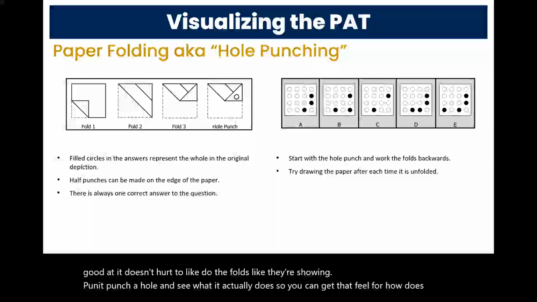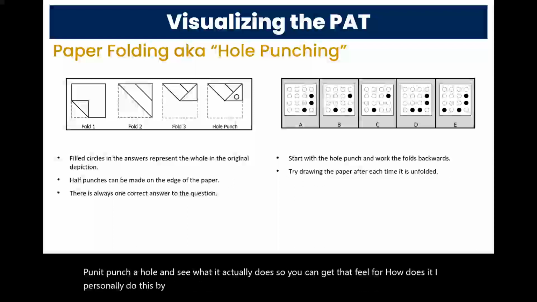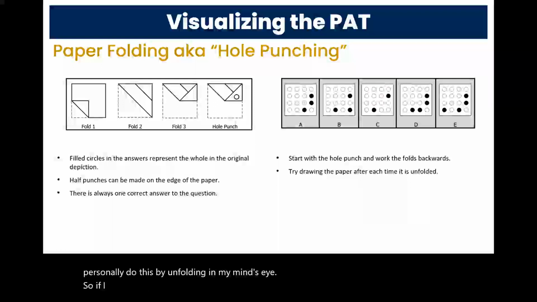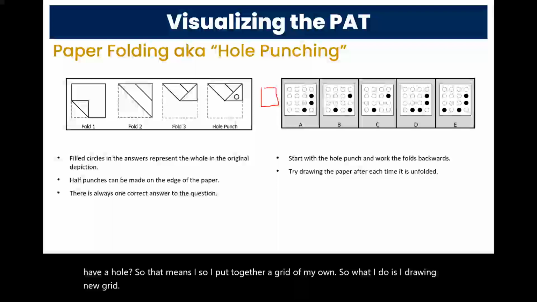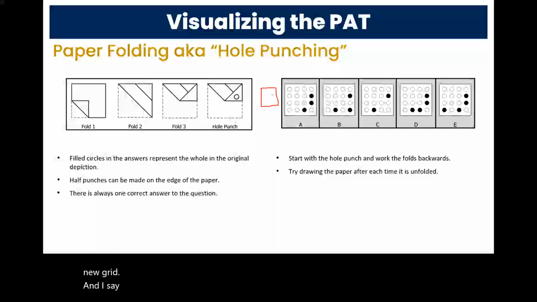I personally do this by unfolding in my mind's eye. If I unfold this, I've got a hole in here. When I open it back up, where am I going to have a hole? So I put together a grid of my own. I draw a new grid and I say, okay, with that original hole, I got one right here.